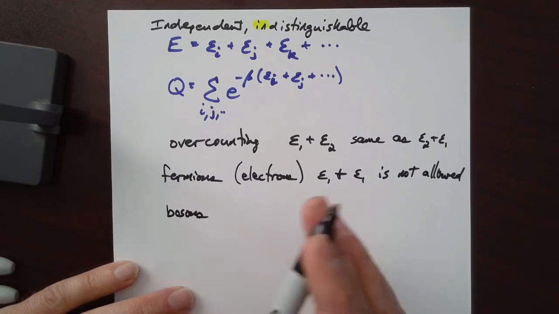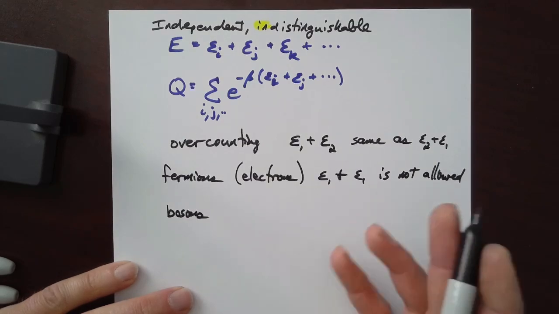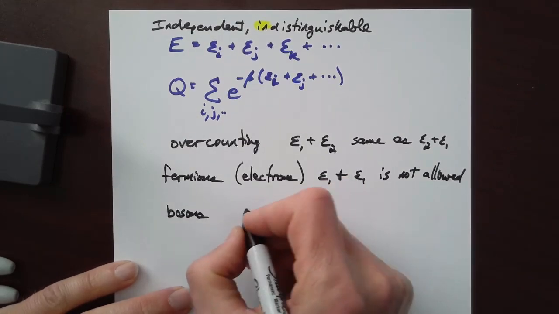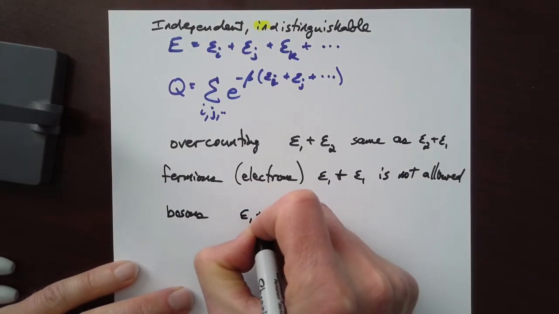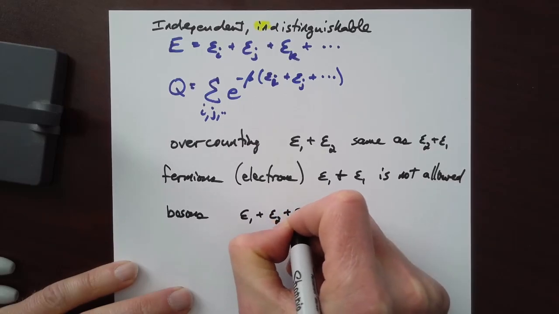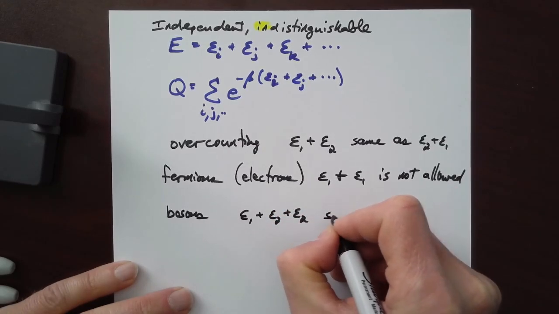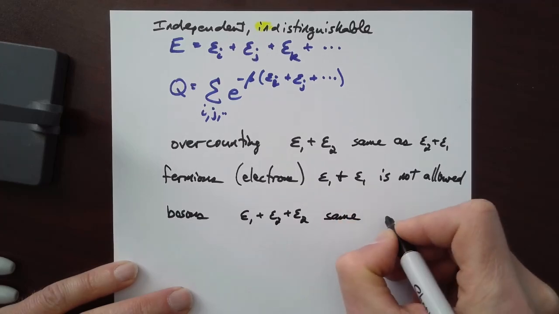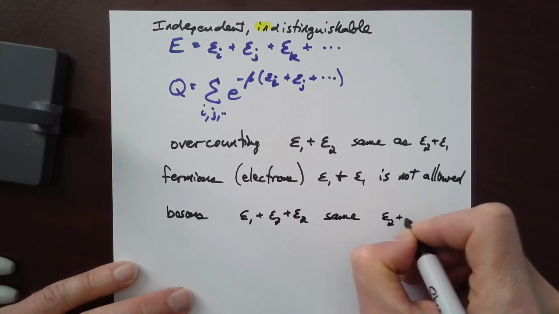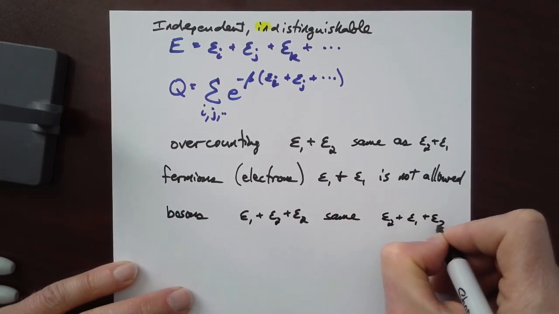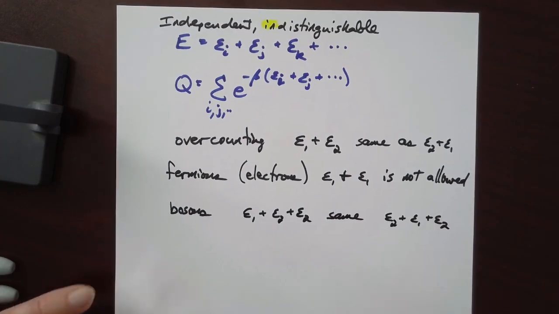Bosons, no, they don't have that restriction, but they have the same kind of problem. For example, E1 plus E2 plus E2 is the same as E2 plus E1 plus E2, right? So you still have the same kind of problem. Start overcounting.